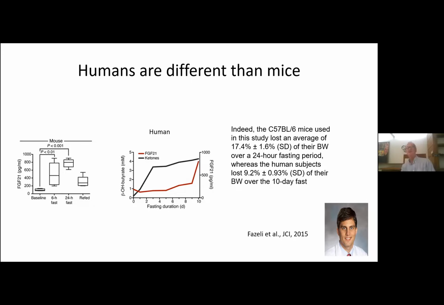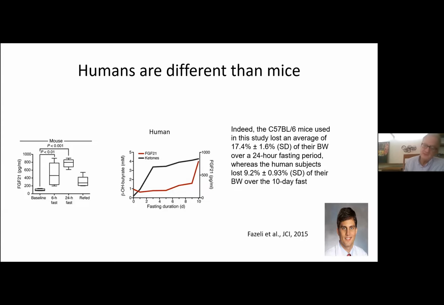He looked at the response of those individuals in many ways, but I just wanted to highlight one interesting difference between mice and humans. On the left, you see the induction of one of the mitochondrial stress hormones, FGF21, which in mice rapidly rises after fasting. By 6 hours, there's already a 4 or 5-fold induction in circulating FGF21 that goes to about 8-fold after a 24-hour period.